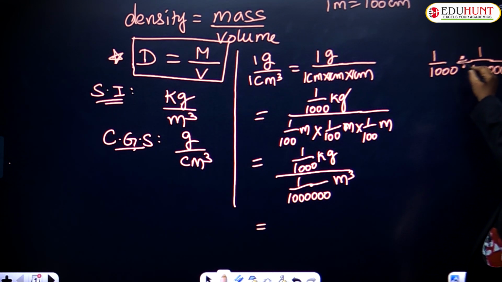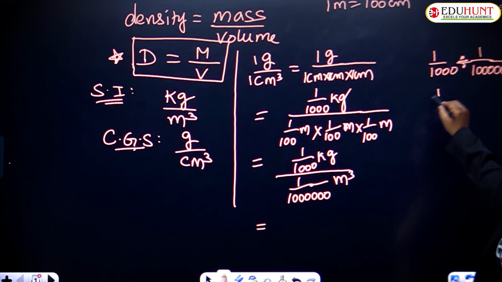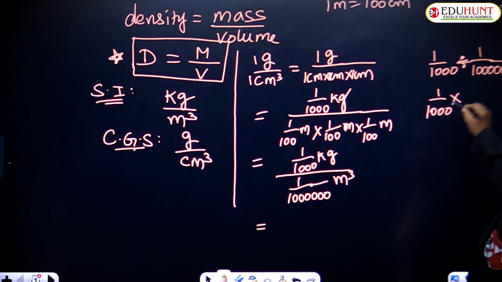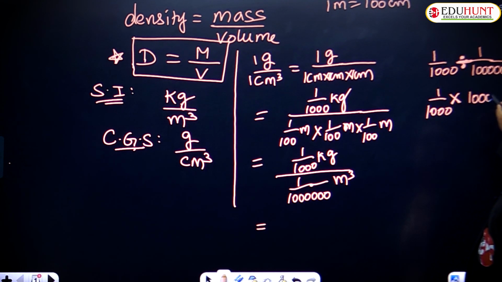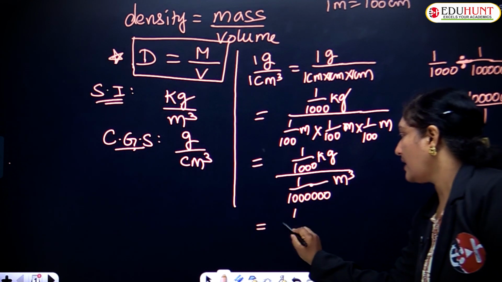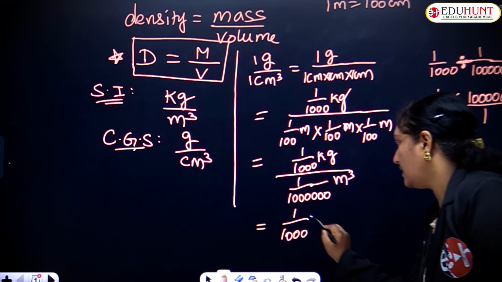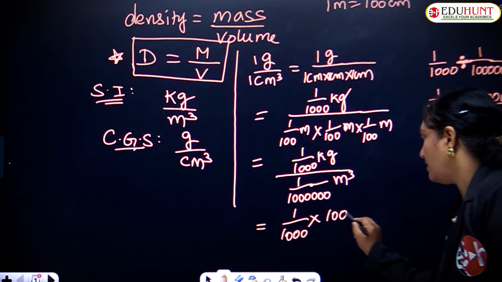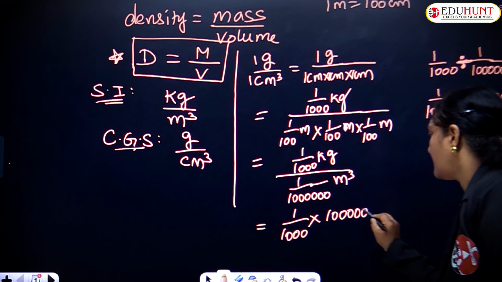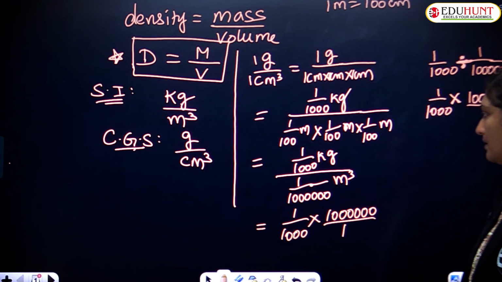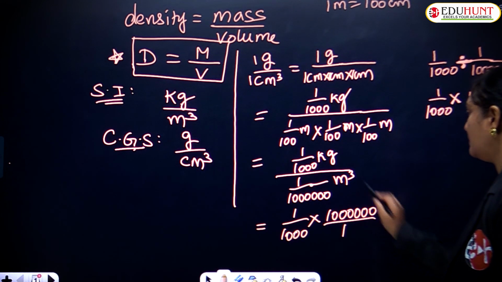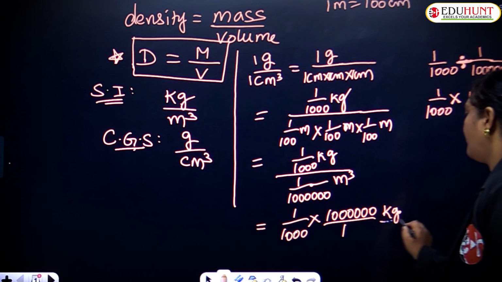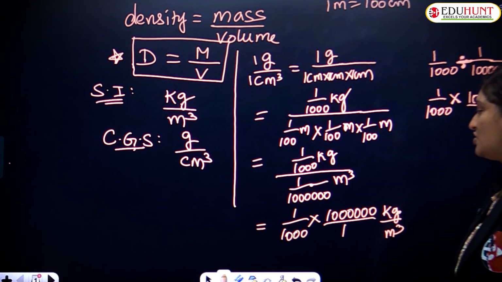In order to convert the division into multiplication, the divisor should be taken as its reciprocal, that means 10 lakhs upon 1. So this can be written as 1 by 1000 into 10 lakhs. The units are kept as they are, kg per meter cube. Only the number is changed.